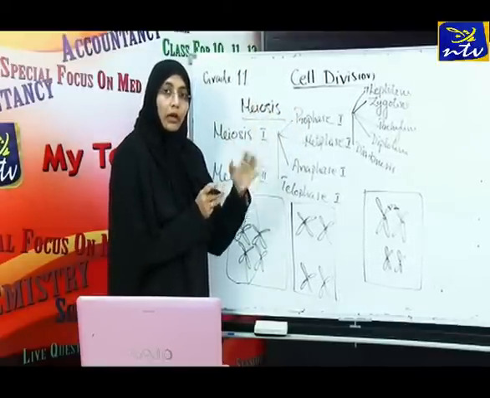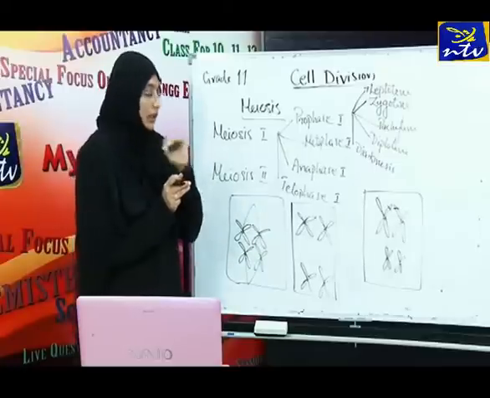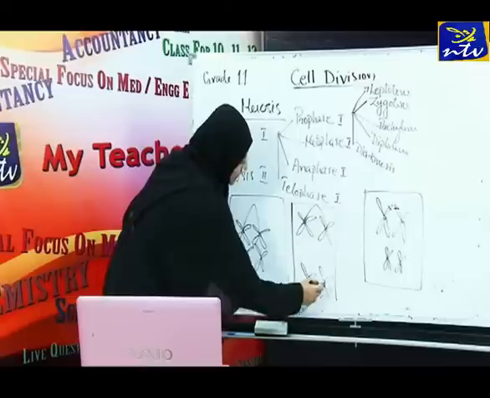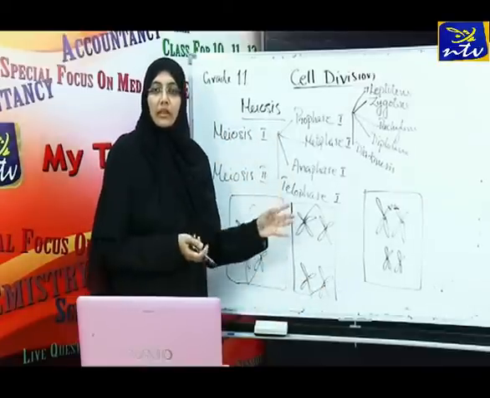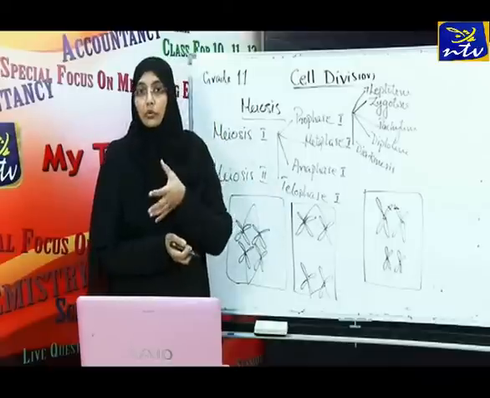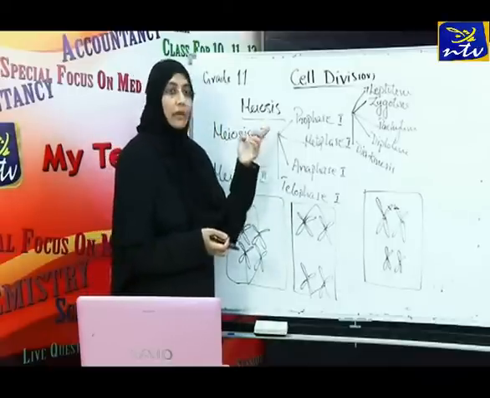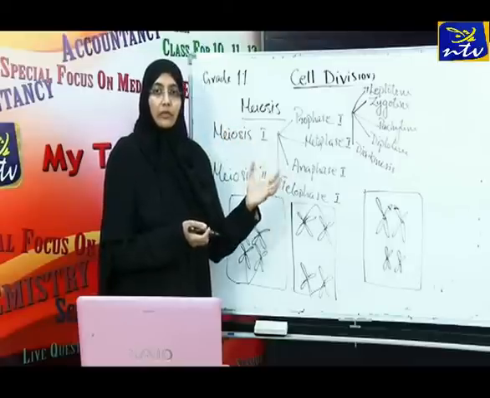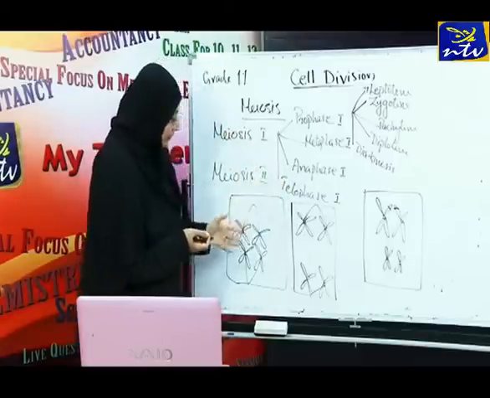After the crossing over, homologous chromosomes will be arranged in the equatorial plane and these homologous chromosomes are getting separated. This question is always asked: what is the difference between metaphase 1 and metaphase 2, or you may expect the question on metaphase 1 of meiotic cell division and metaphase of mitotic cell division. Hope this is clear to you.